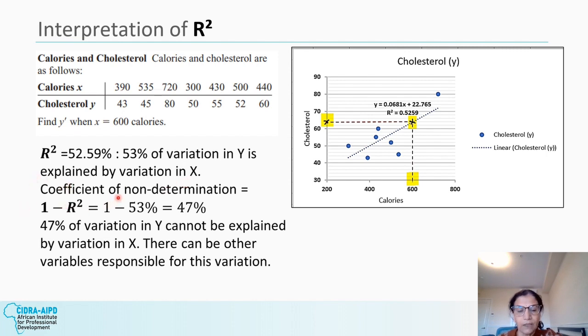It is 1 minus R square. In this case, it is going to be 47%. It means 47% of variation in Y cannot be explained by variation in X. There can be other variables responsible for this variation.